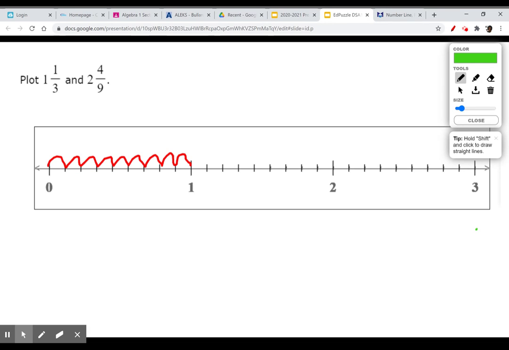So breaking this up into thirds would be 1, 2, 3. And ninths. Okay, good luck.